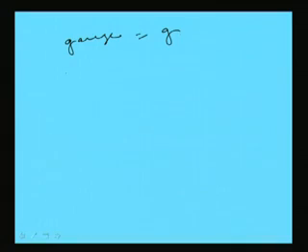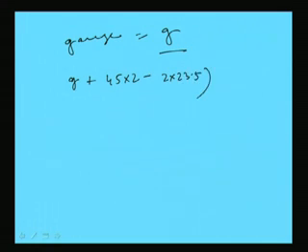That means, if we use G, then G plus 45 into 2 minus 2 into 23.5 into 12 into 150 has to be equal to 300 into 10 cube.